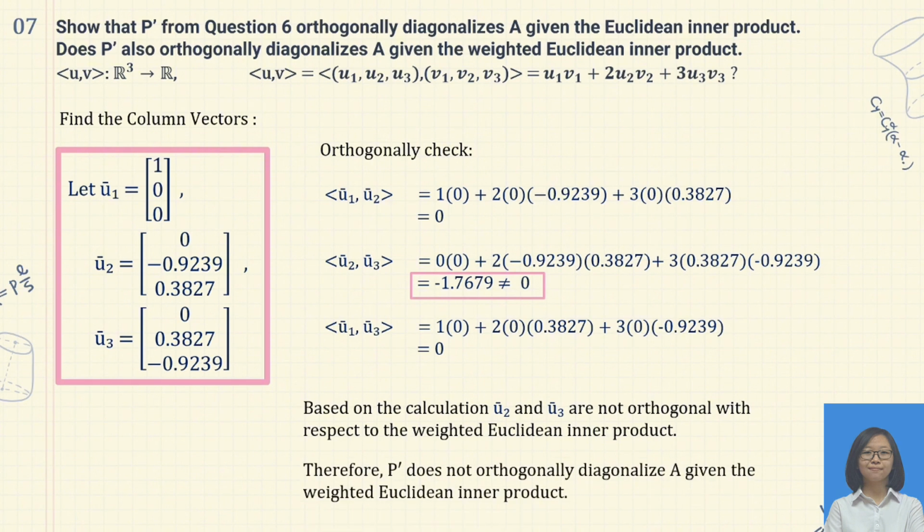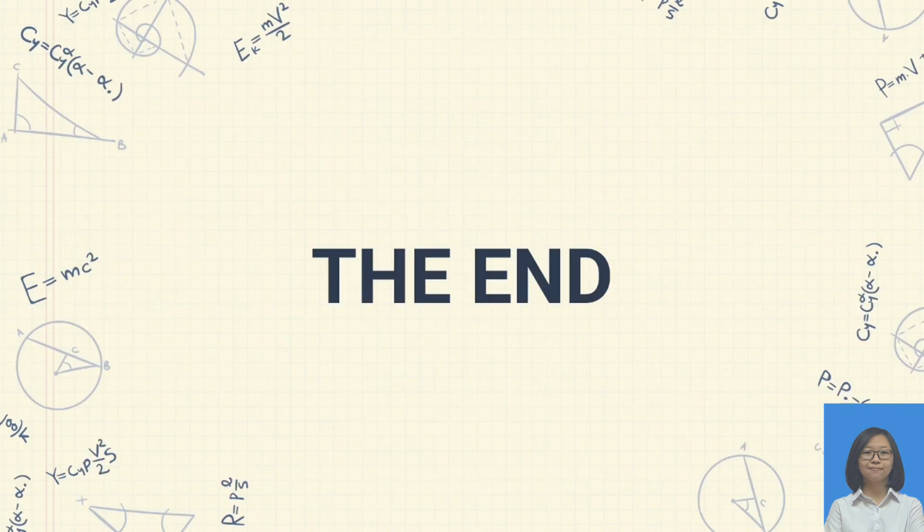Therefore, we can conclude that P prime does not orthogonally diagonalize A given the weighted Euclidean inner product. That's all from our group. Hope that all of you have learned more about matrices in linear algebra, and thank you for your time.